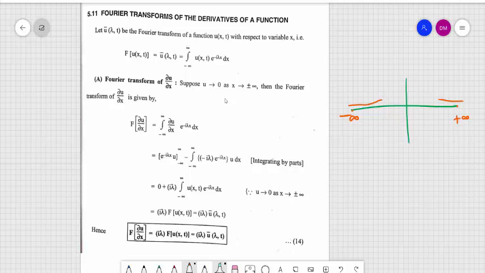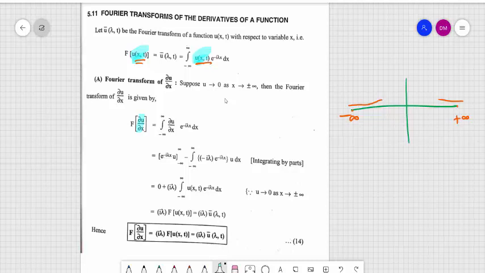So let us start by using the definition of Fourier transform. That means F of u, instead of u we just replace ∂u/∂x. So here also we have to replace, the integration from minus infinity to infinity, not u, because here in both places there is the same function.